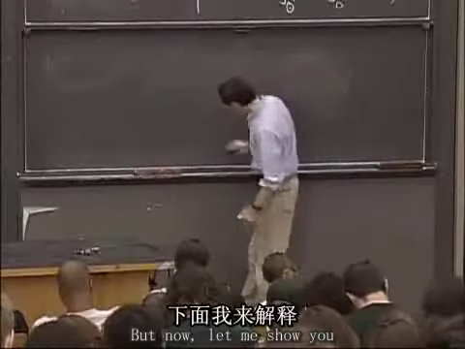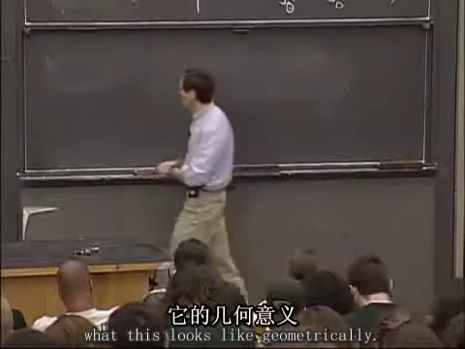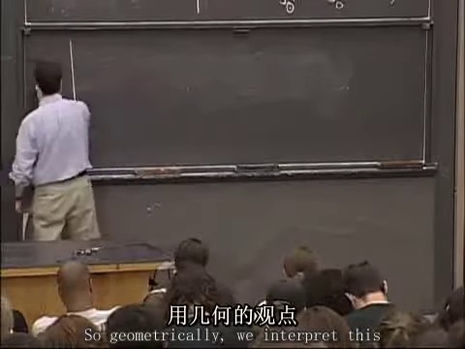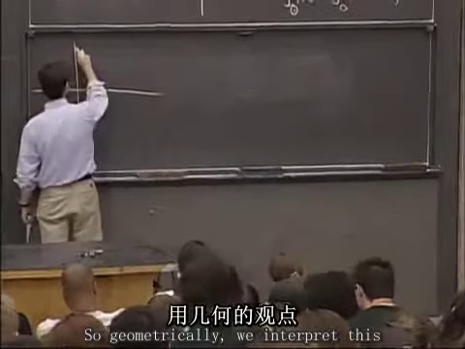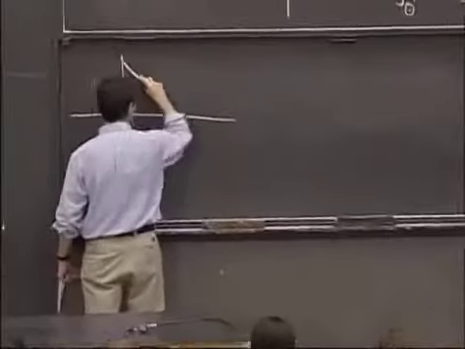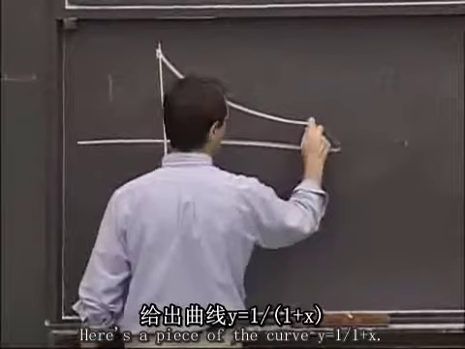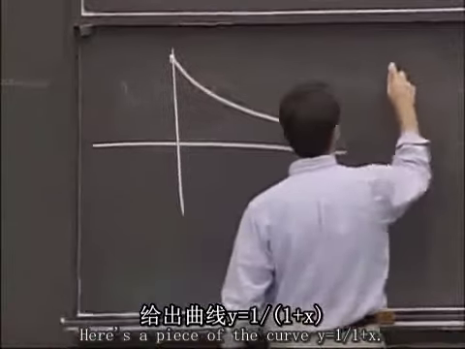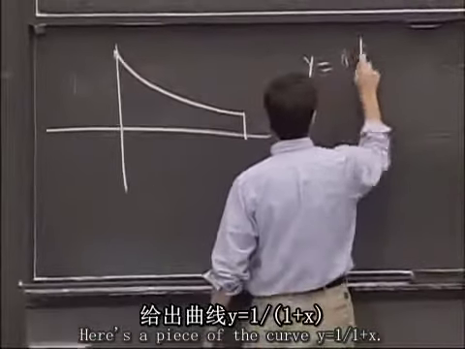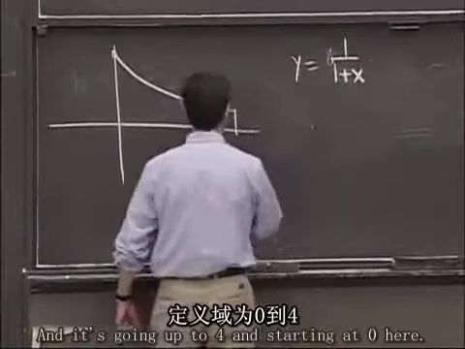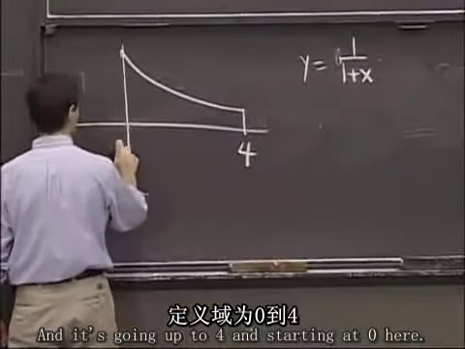But now let me show you what this looks like geometrically. So geometrically, we interpret this as the area under a curve. Here's a piece of the curve y equals 1 over 1 plus x, and it's going up to 4 and starting at 0 here.